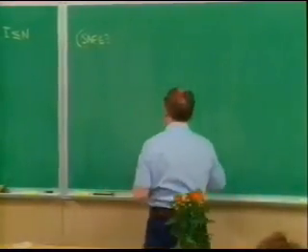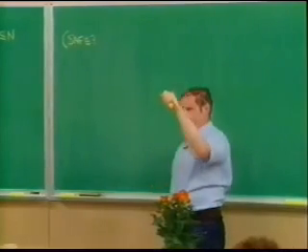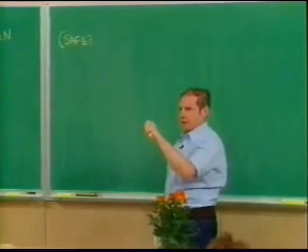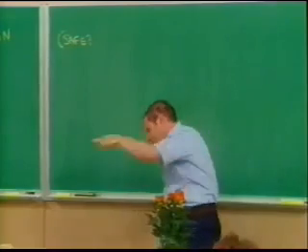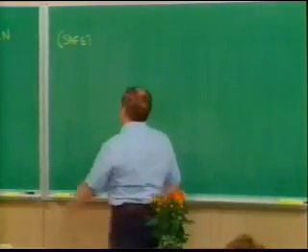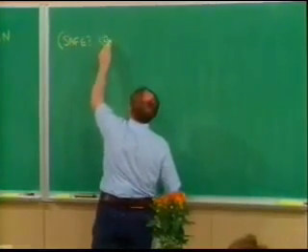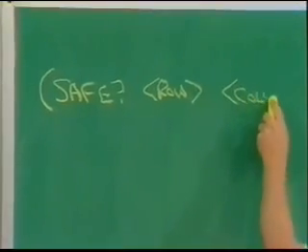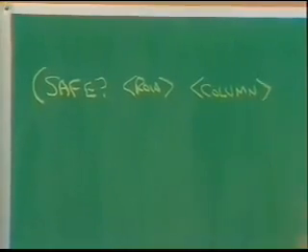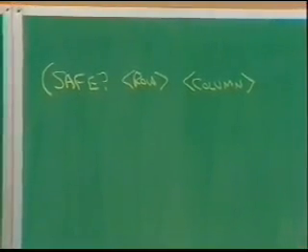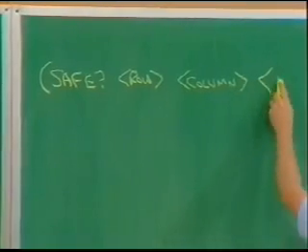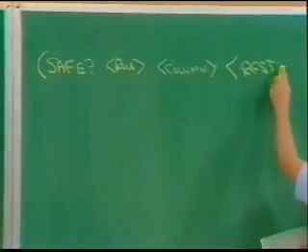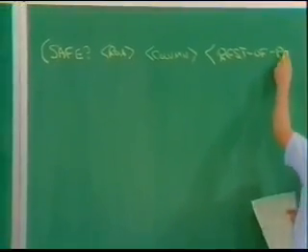And what safe is going to do is say, given that I have a bunch of queens down on the chessboard, is it okay to put a queen in this particular spot? So safe is going to take a row and a column, which is a place where I'm going to try and put down the next queen, and the rest of the positions.